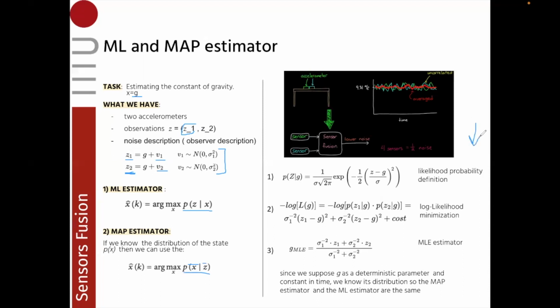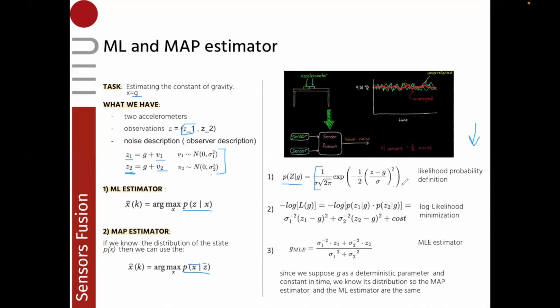Here, on the right part of the slide, I summarize the procedure to get a maximum likelihood estimation. In the first step, we write the likelihood, so the probability of the observations given the state, which, under the assumption of the two random Gaussian noises of the accelerometers, is described by this formula here.